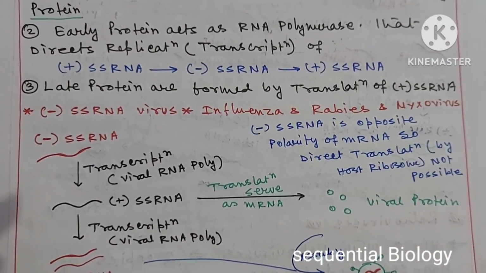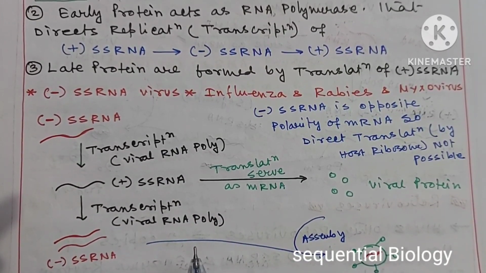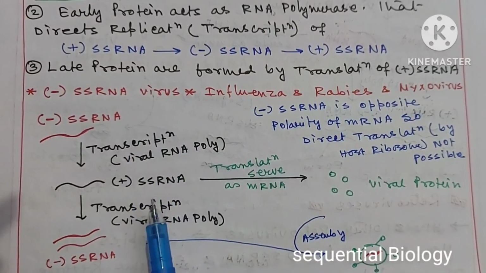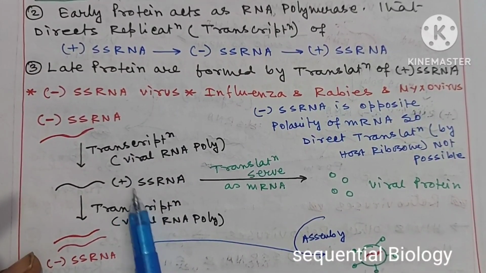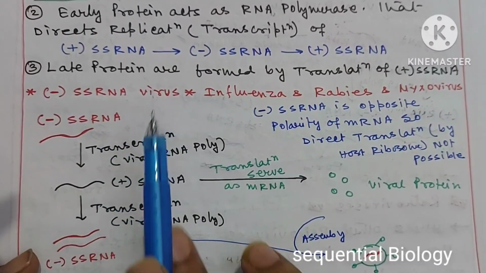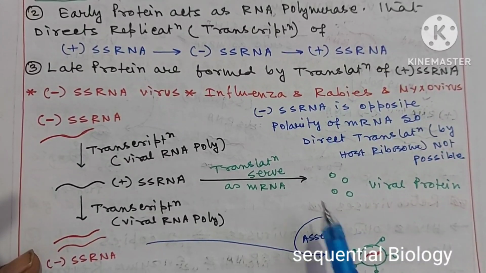Next, minus ssRNA containing viruses. Remember, the minus ssRNA is not directly involved in the process of translation. So it is very important to synthesize plus ssRNA from this minus ssRNA. Minus ssRNA containing viruses are influenza virus, rabies virus, and myxovirus.